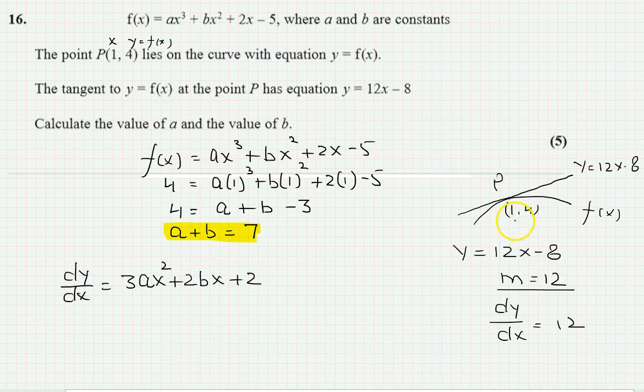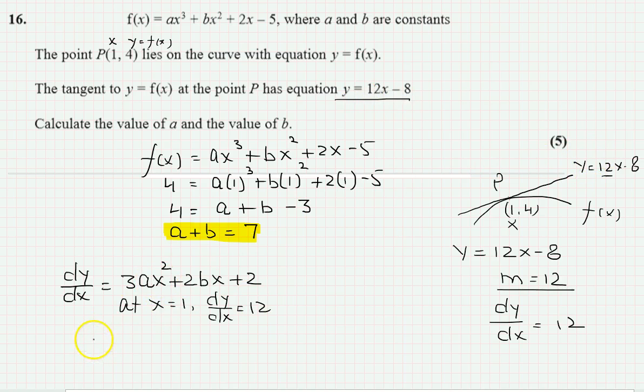Now at x is equal to 1, dy over dx is 12. That's why this equation is given, so that we know what is the value of dy over dx. That was the only aim of giving this equation.